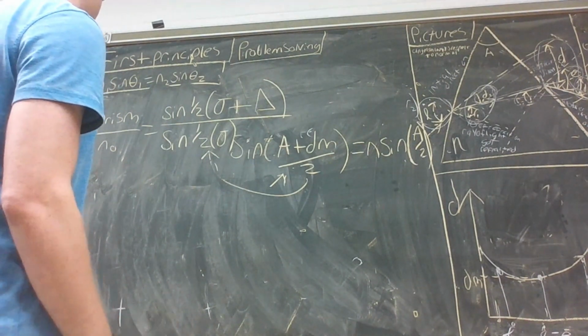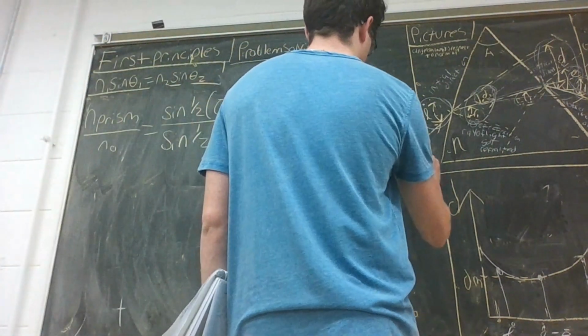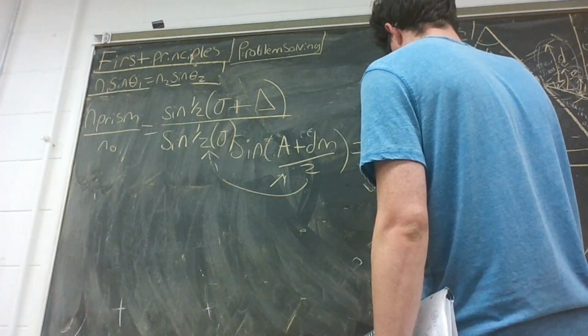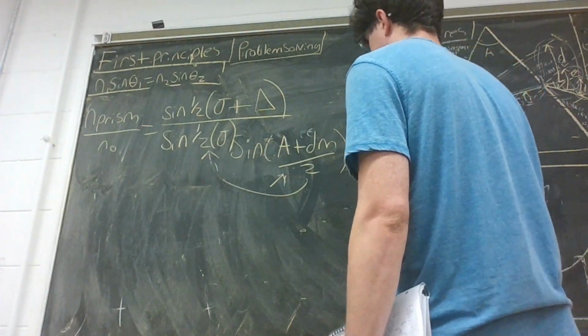We're going to divide sine A over 2 into both sides.